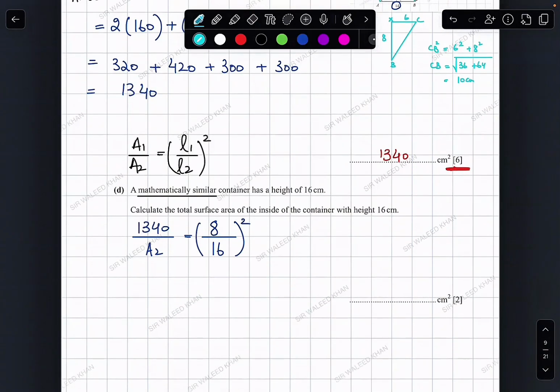Now simplify it rather than squaring it. So 1 by 2, this would be 1340 over A2 equal to 1 by 4.